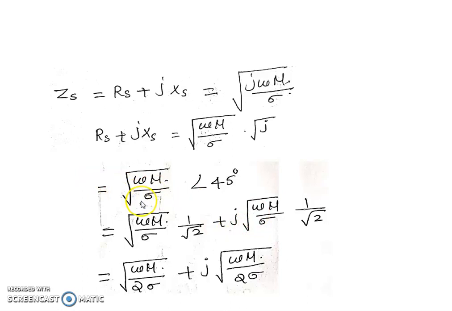So we are taking the value of a, that is root of omega mu divided by sigma, into j sin theta. Sin theta is also sin 45, similar to cos 45, so 1 by root 2. So we can write this equation as root of omega mu divided by 2 sigma plus j root of omega mu divided by 2 sigma.